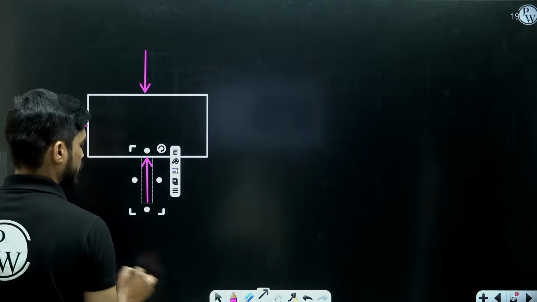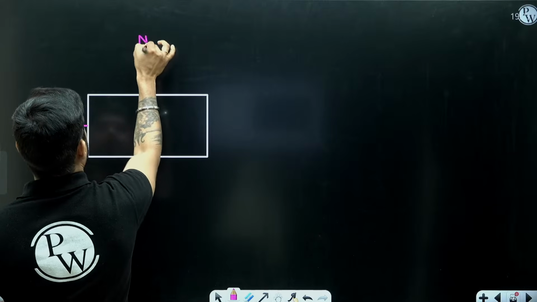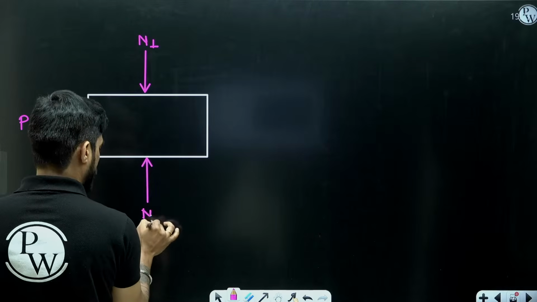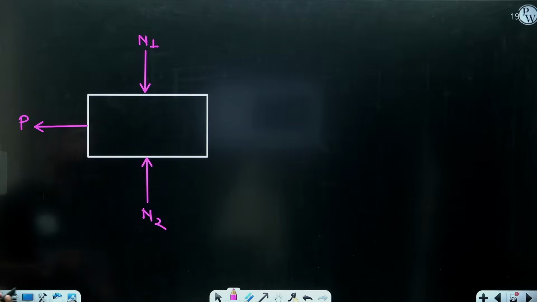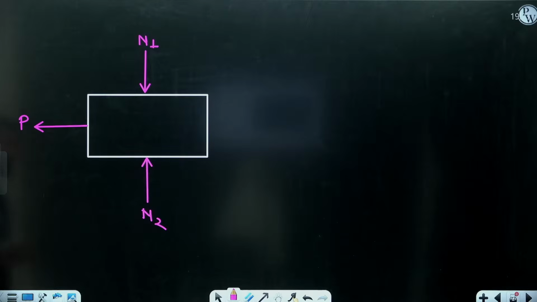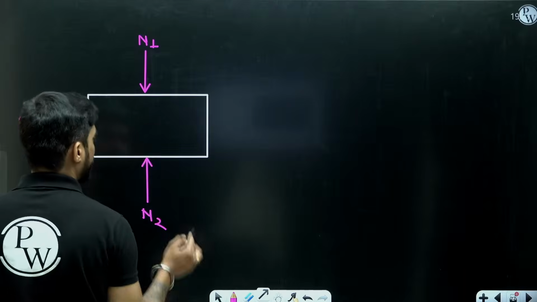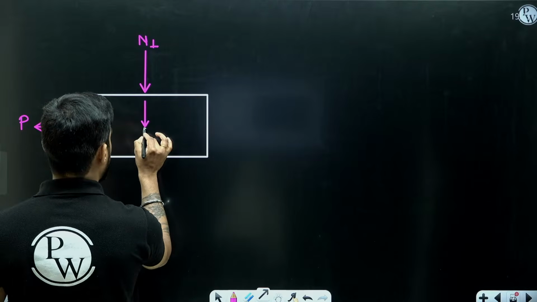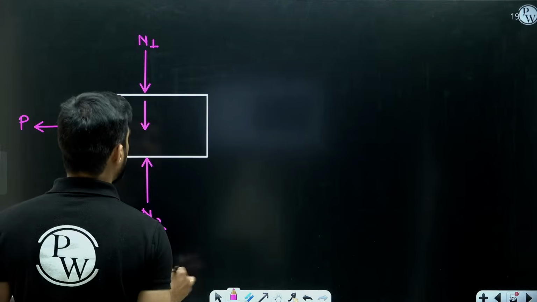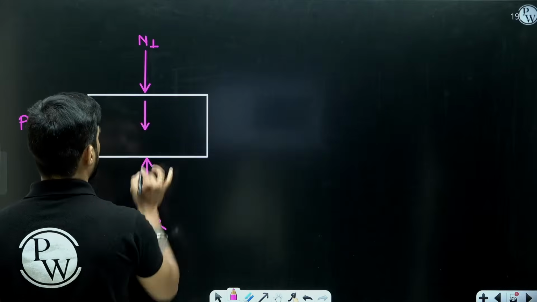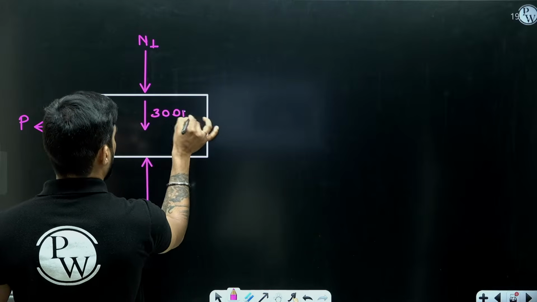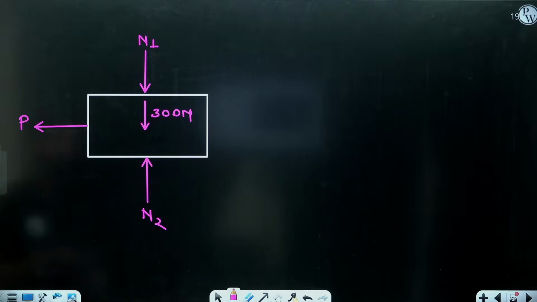Let me call this N1, and this will be N2. There will be the weight of this 30 kg block also: 30 into G, G is 10, so it will be 300 Newton.